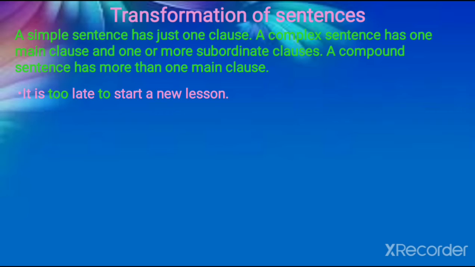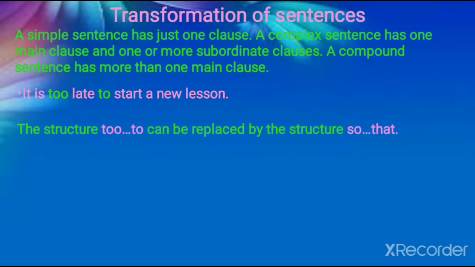Note that to infinitives and ing forms are not finite verbs. So the structure 'too... to' can be replaced by the structure 'so... that'.